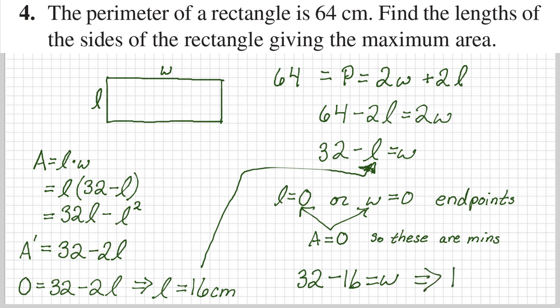So W also equals 16. So the maximum rectangle with perimeter 64 is actually a square. It's a 16 centimeter by 16 centimeter square.